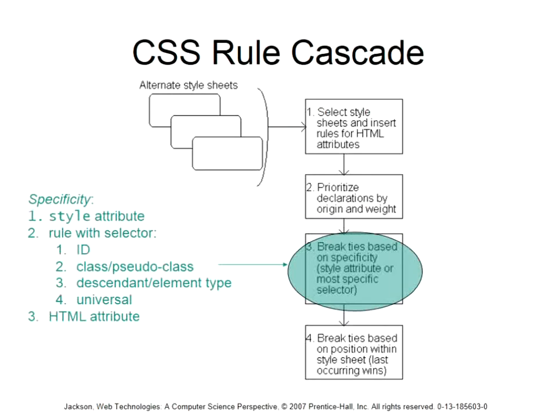But if we have many rules that can be applied to the same tag, in this case we must apply the CSS rule cascade. So for the CSS rule cascade, the first level is the style attribute.